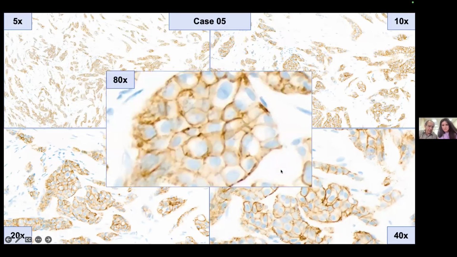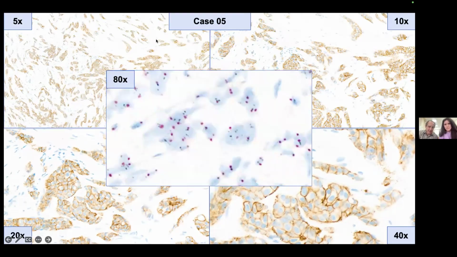Okay, so mostly 2+, but some of you thought it was 3+, a minority, and then one. This is a high power, but we need to get rid of this. Let's see if I have an ISH. Yes, actually, here is the ISH.